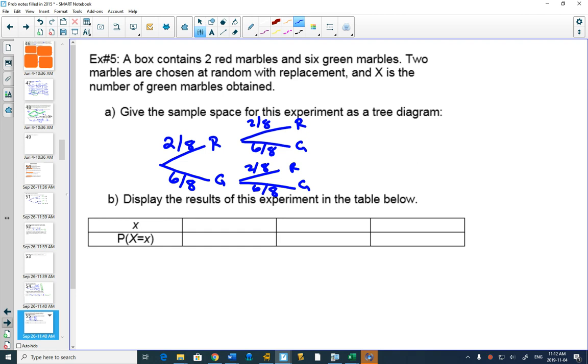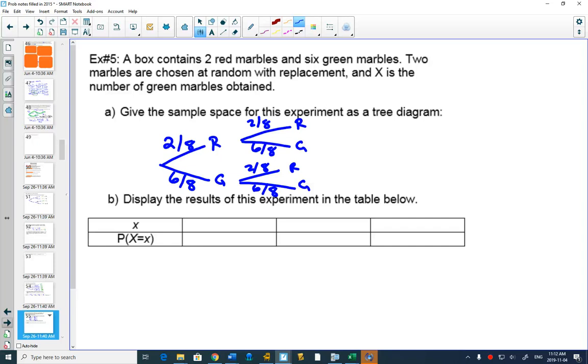What's the word called again when the second time you do it is not affected by the first time? Close. Independent. If you didn't put the marble back, these would be dependent events because your probability would change on the second one.